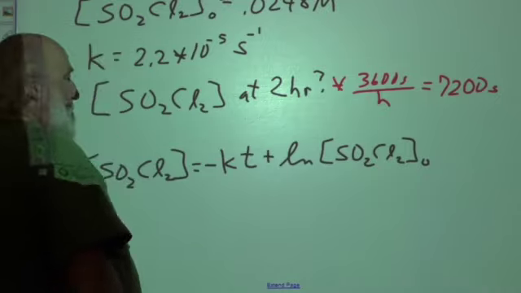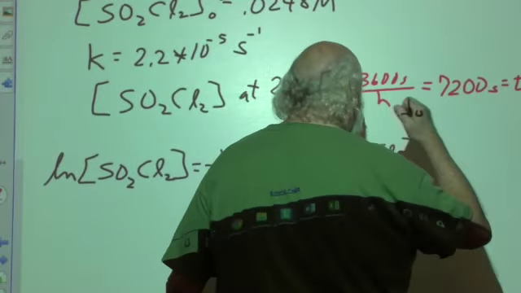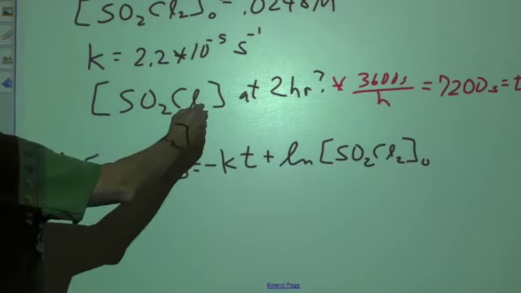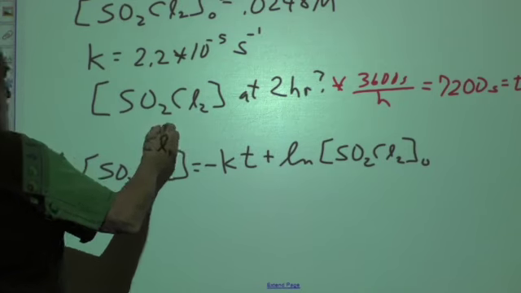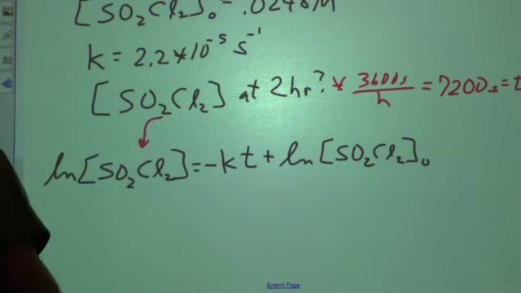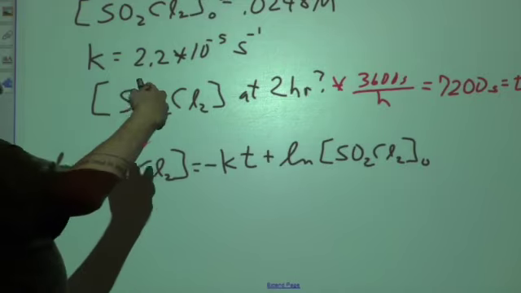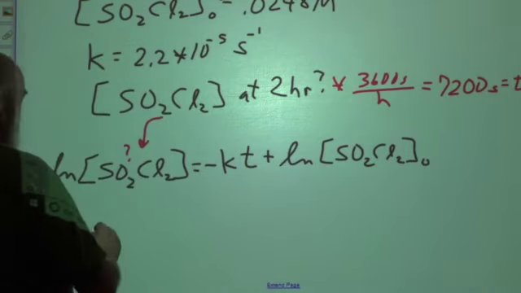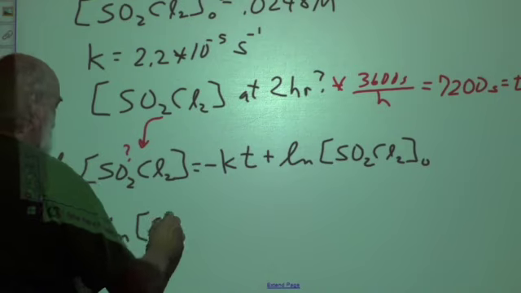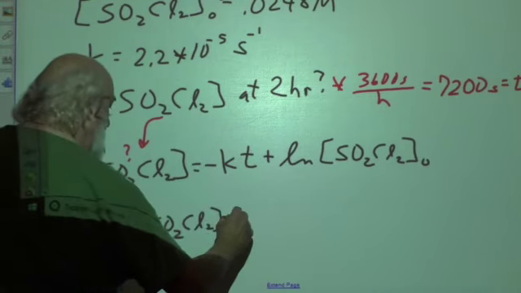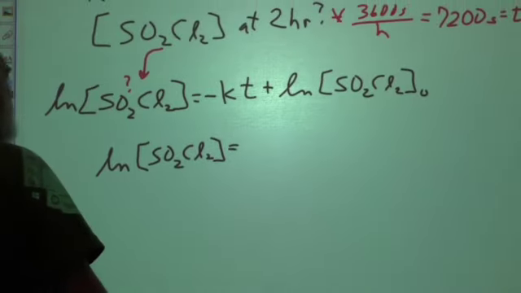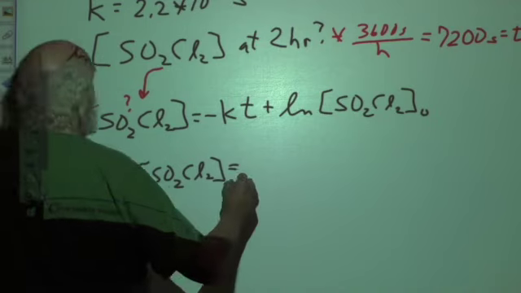So that's our time. And this is our unknown right there. That's what we're trying to find out. Okay, so let's start plugging in numbers that we got up here. So, natural log of SO2Cl2 equals negative K, we said K is 2.2 times 10 to the negative fifth.